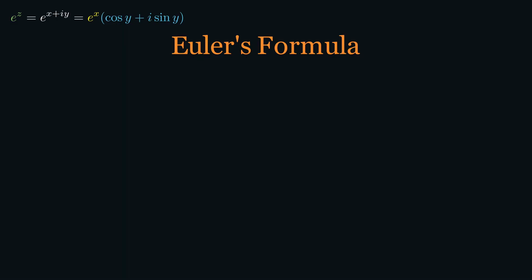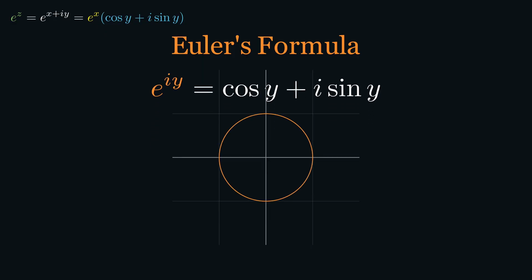The heart of this definition is Euler's formula. e to the iy equals cosine y plus i sine y. As y varies, e to the iy traces out the unit circle in the complex plane. When y equals 0, e to the i times 0 equals 1.